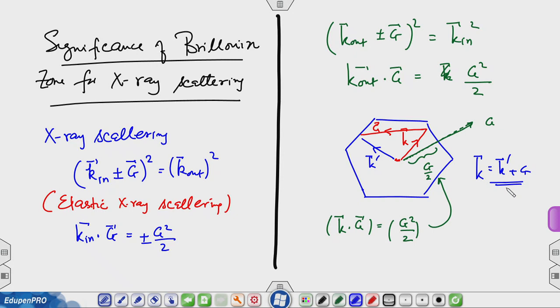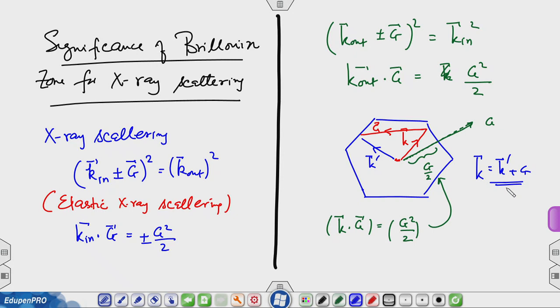So, Brillouin zone gives you those k vectors for which I will see a bright spot during X-ray scattering, and that is the geometric significance of Brillouin zone. This will also be important when we talk about band theory, because there the k of X-rays would be replaced by k of electrons, and there will be a band gap opening up at the boundary of Brillouin zone, because that is where the different G's or the different K's mix.